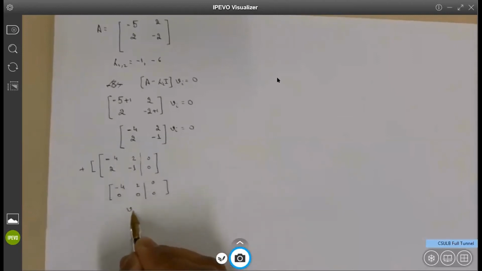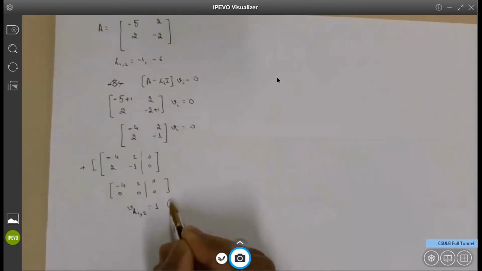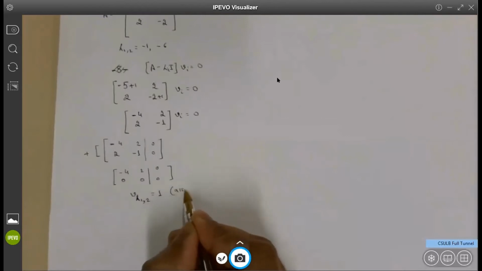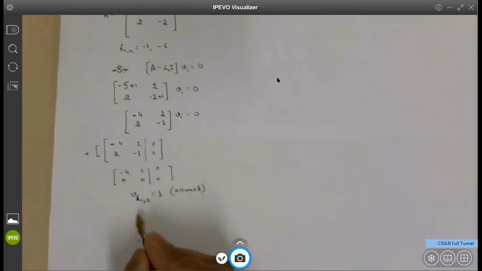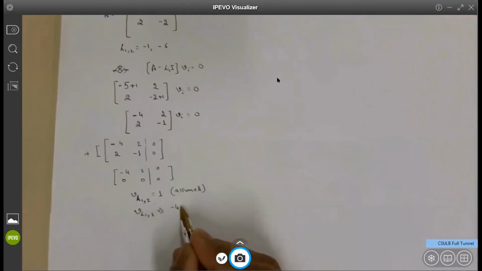So let's say V lambda 1, 2 is one assumption. V lambda 1 would be -4, -2.